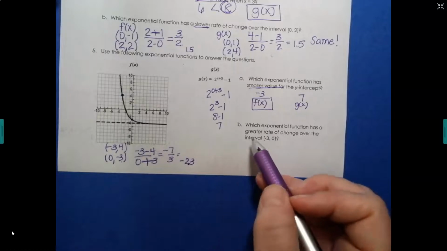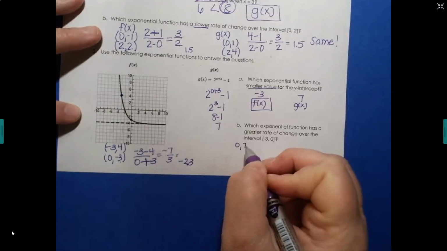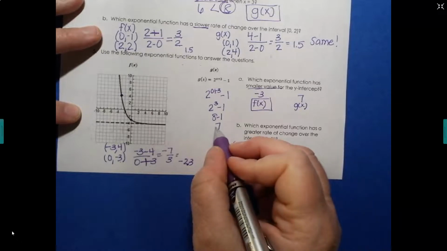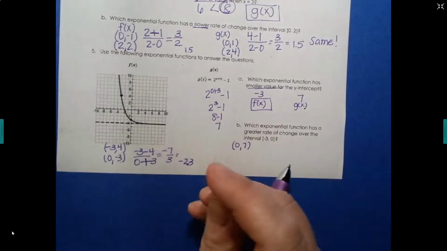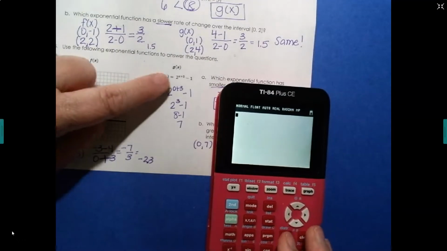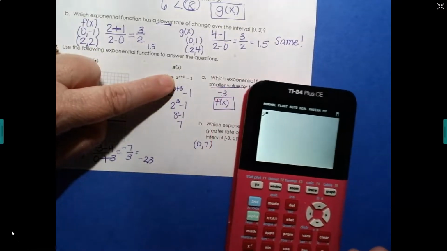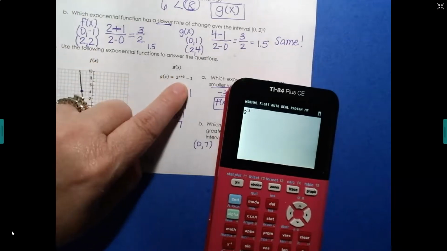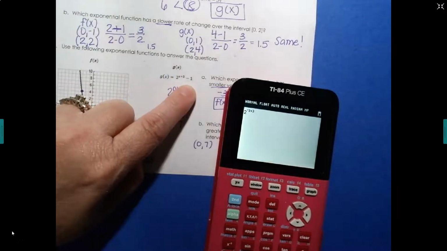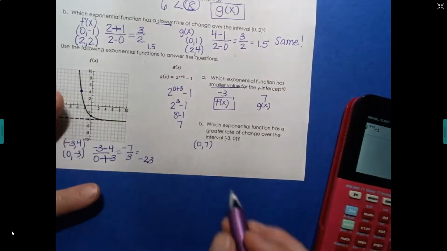We actually already know if x is 0, y is 7, because we did that already right here. If x is -3, what I want to do is take my equation and say 2 raised to, my x is supposed to be -3, so -3 plus 3, and I'm going to arrow right to drop back down and say -1. And I get 0.